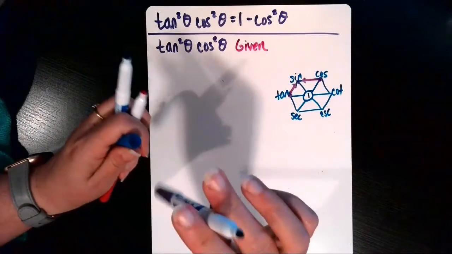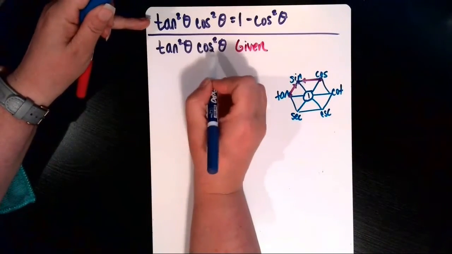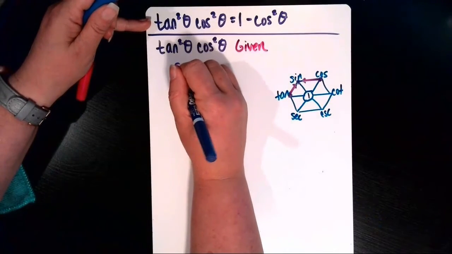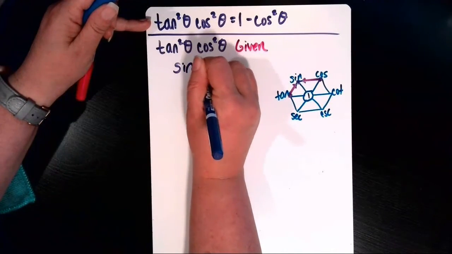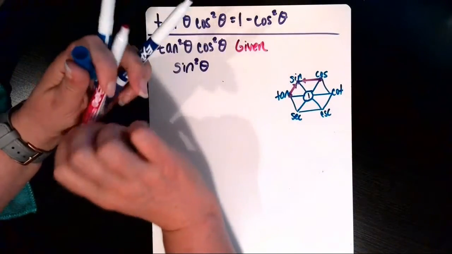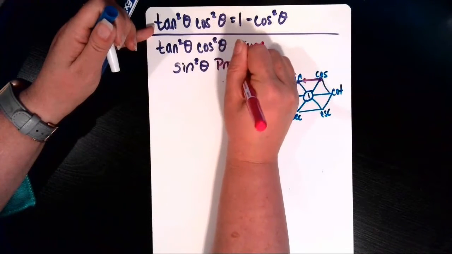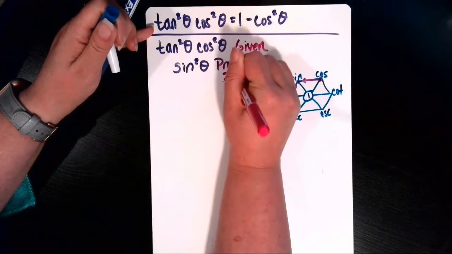So we'll go ahead and replace tangent squared theta, cosine squared theta with sine squared theta, and that is using a product identity.